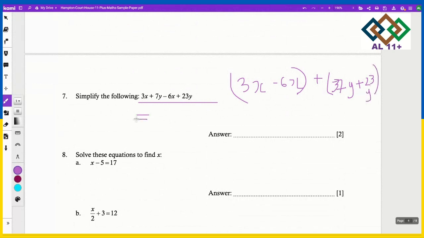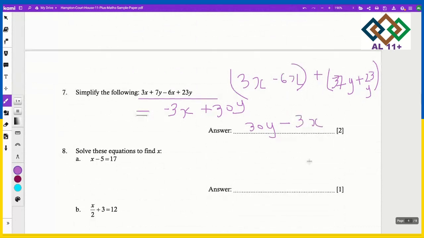And if I open the brackets, I'll have minus 3x because 6x is bigger, so I take the sign of 6x, plus 30y. So when you write it down, you'll write 30y minus 3x.